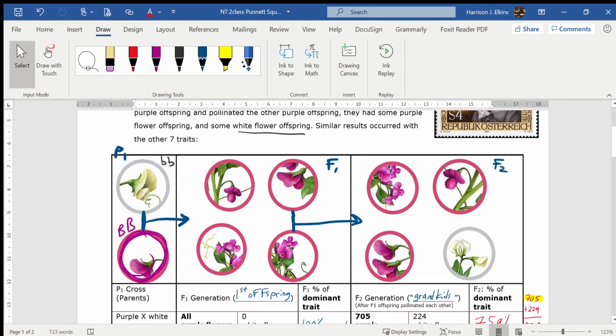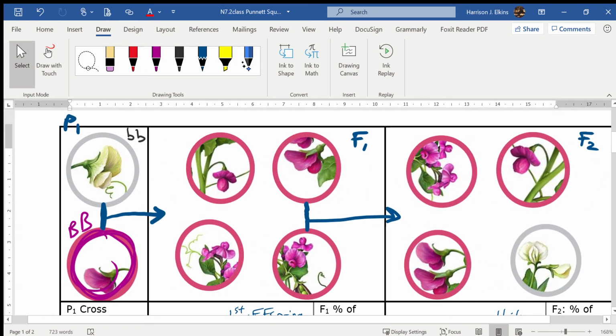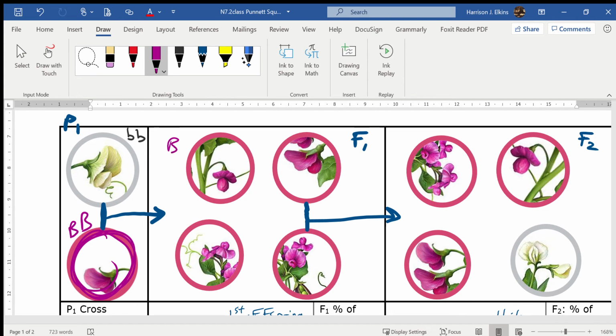Because when we go back up here, notice how when we crossed these two, we had these offspring. That means that all of these had this genotype. Okay, this one came from the male sperm here, and then this one came from the egg here.